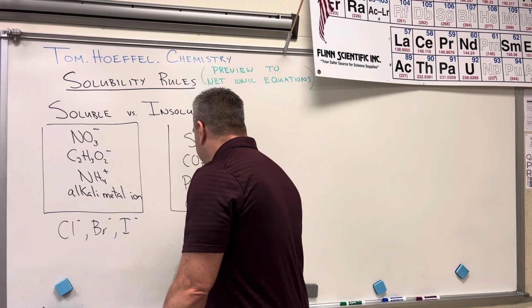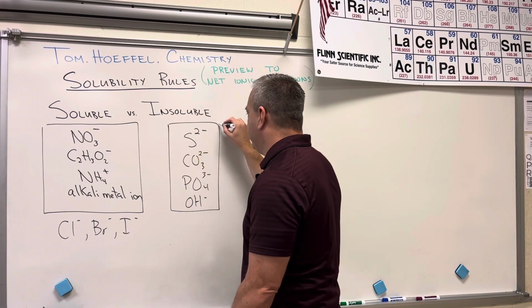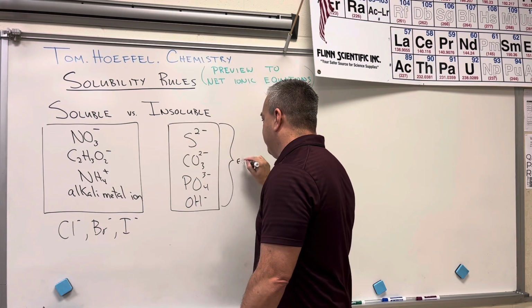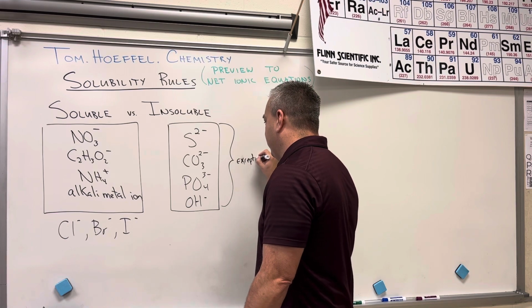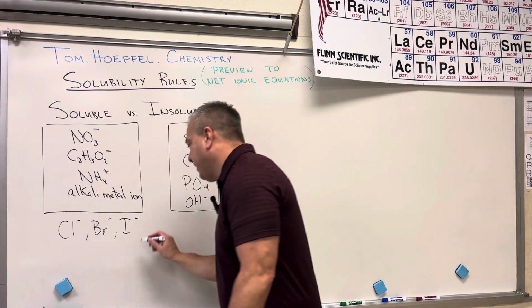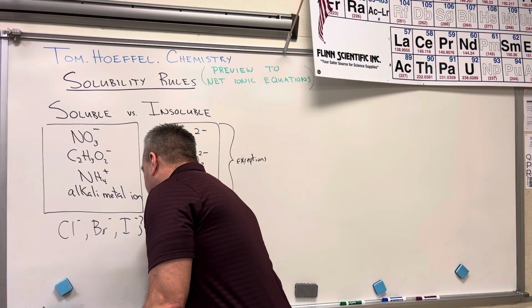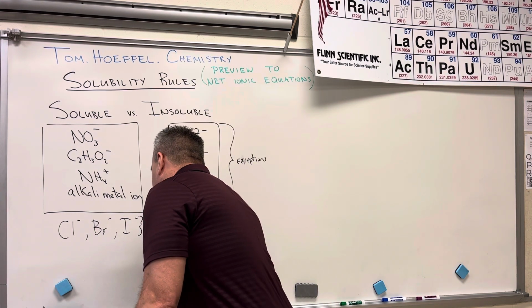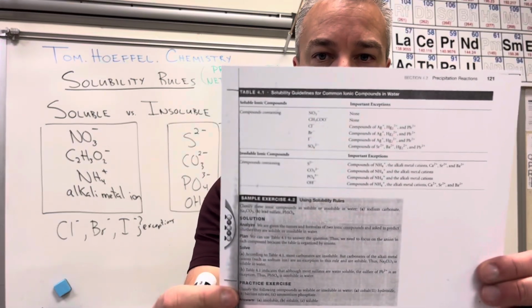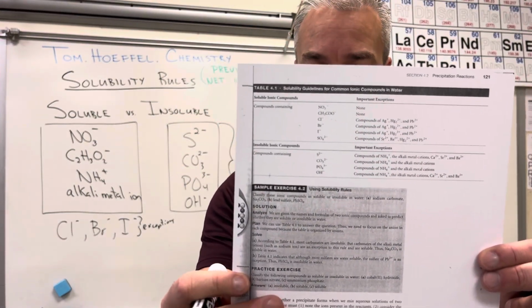So these are going to be our insolubles. However, these do have exceptions, and the exceptions are the things that you have to end up memorizing. Same thing for the soluble group: there are exceptions. Once again, if you want to see those exceptions, they're listed right here.